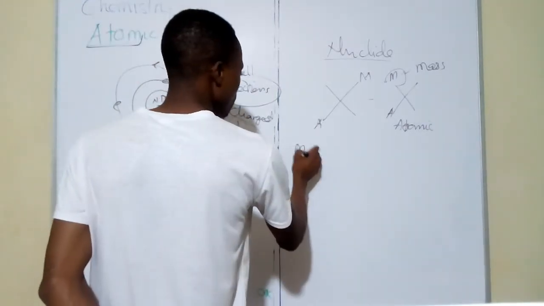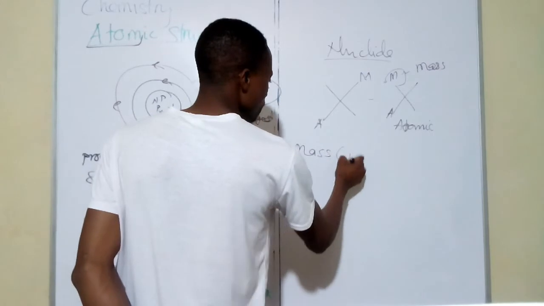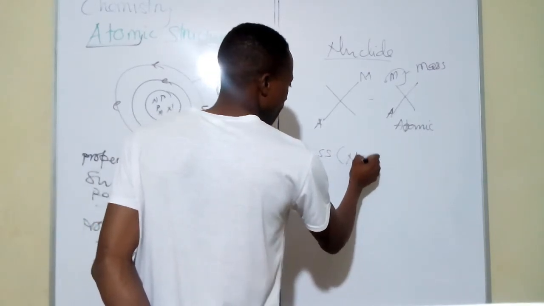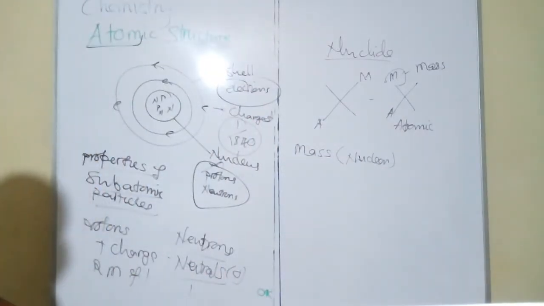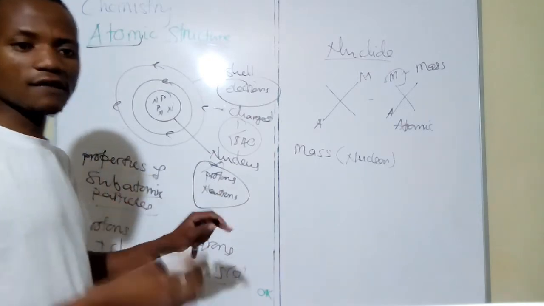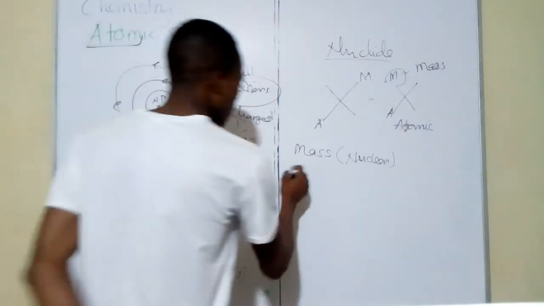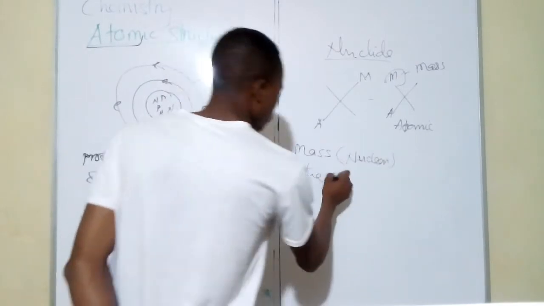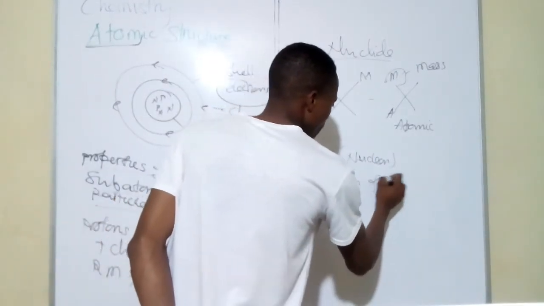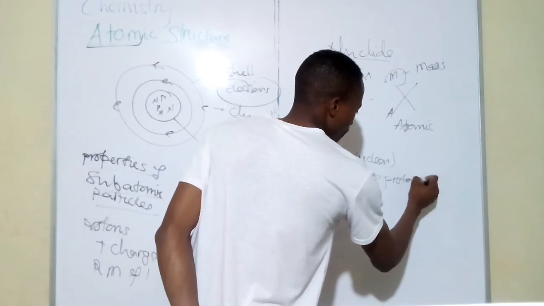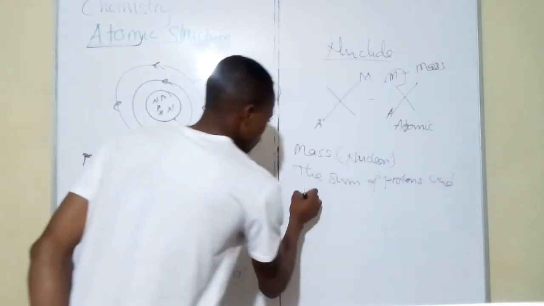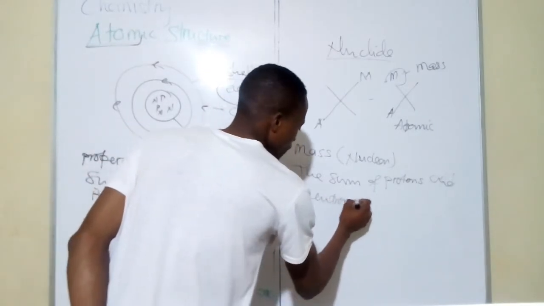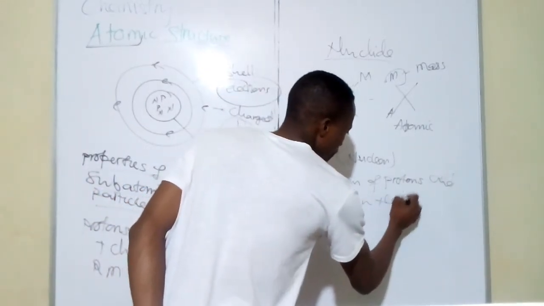First of all, the mass number is also called the nucleon number. The mass number is the total number, or the sum, of protons and neutrons in the nucleus of an atom.